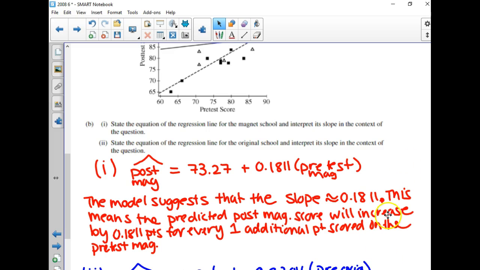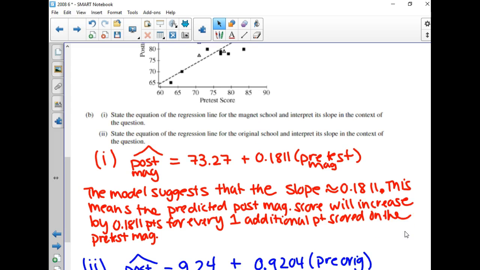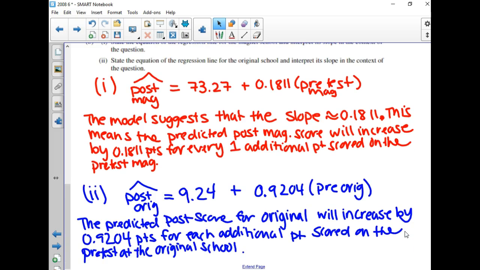You would change this word to decrease if it was a negative slope. It will increase though by 0.1811 points for every 1 unit in X, and that needs to be in context. So for every 1 additional point scored on the pretest. All right, and then we get to the blue.